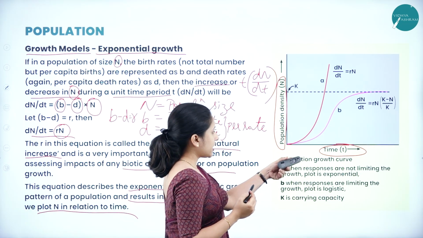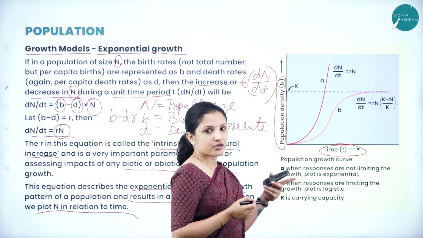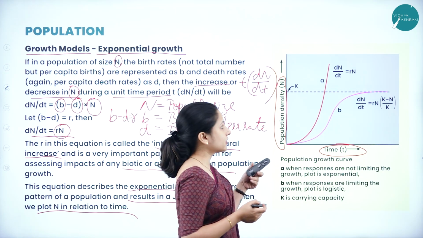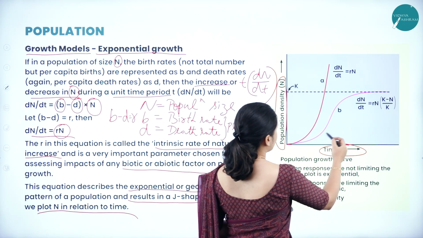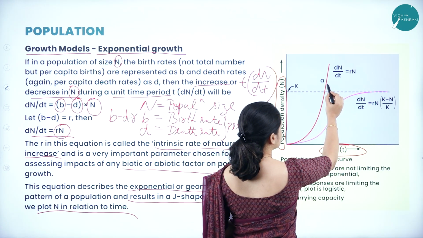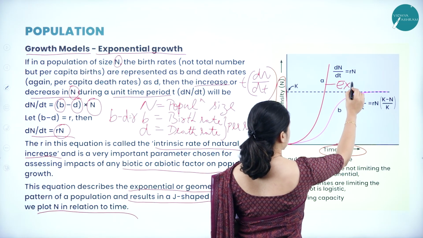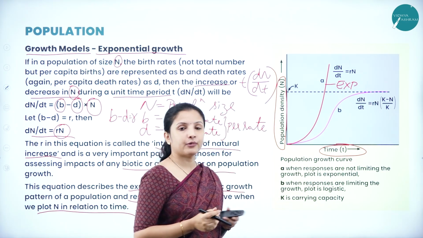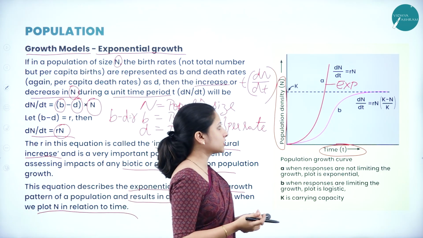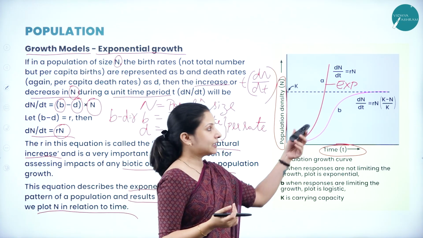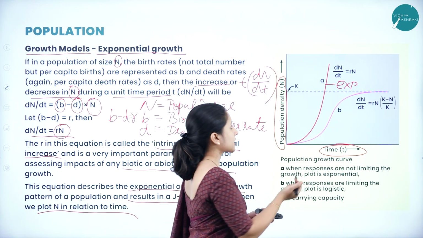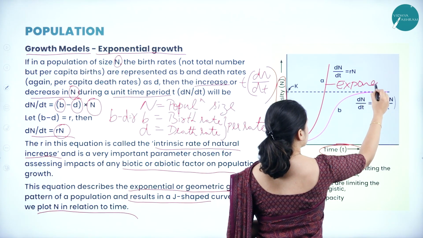This is the population exponential growth curve. We will not talk about the other one. We are talking about the exponential growth curve here, this one. The second growth curve we'll talk about in the next slide because it is about logistic growth. So this is the exponential growth curve.